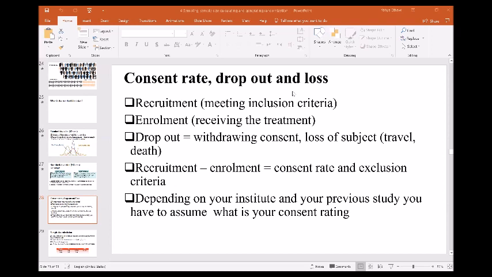Timeline depends on the prevalence, on your resources, and on consent. The timeline can be very short, like in a survey, or very long in rare diseases. For example, if you want to do a two-arm study on meconium aspiration, it is an emergency.